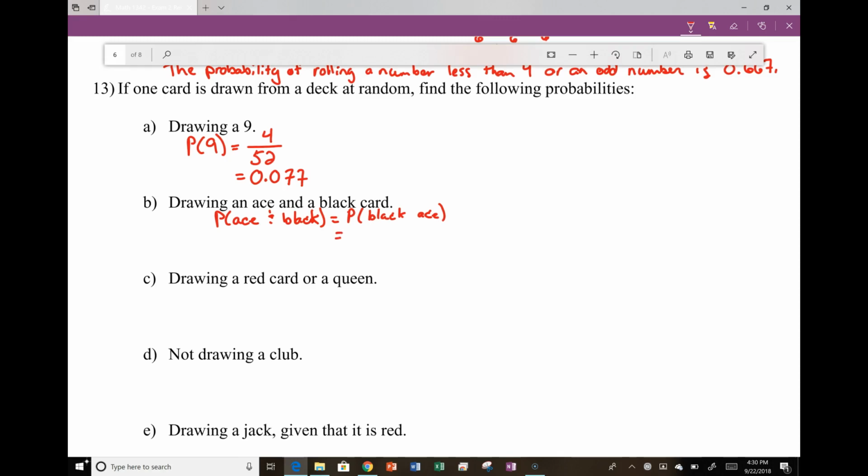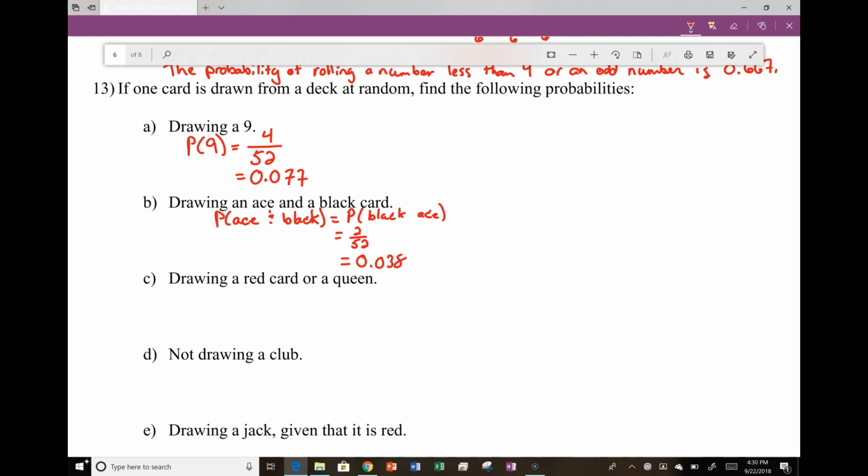There's the ace of spades and the ace of clubs, so that's only 2 out of 52, and when we divide this out we get 0.038. So the probability of drawing an ace and a black card at the same time is 0.038.